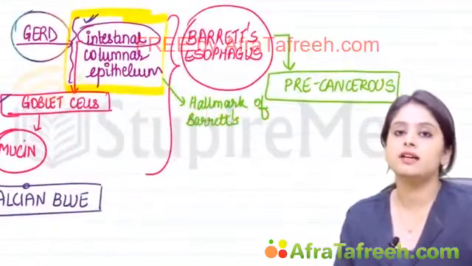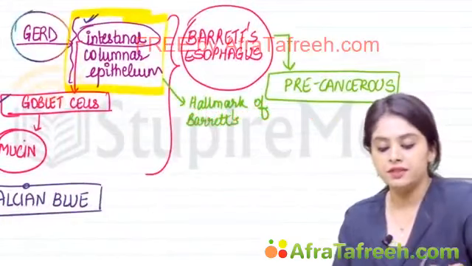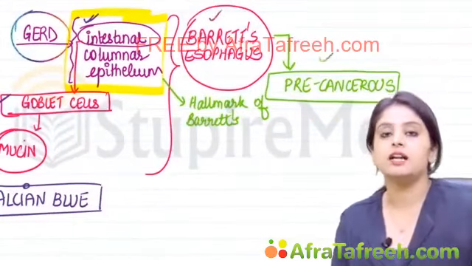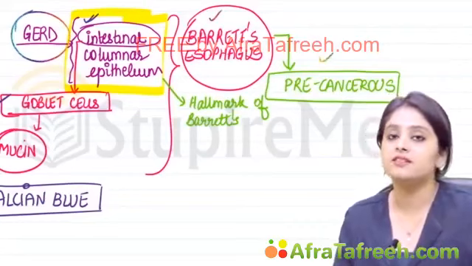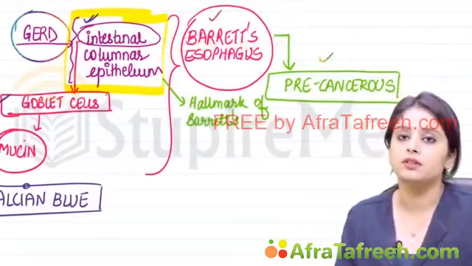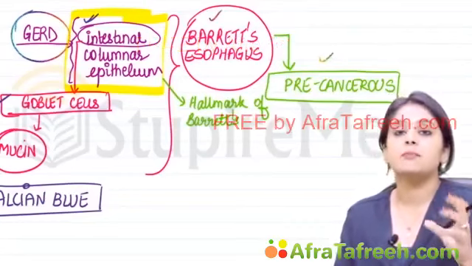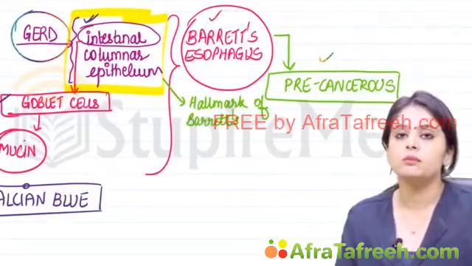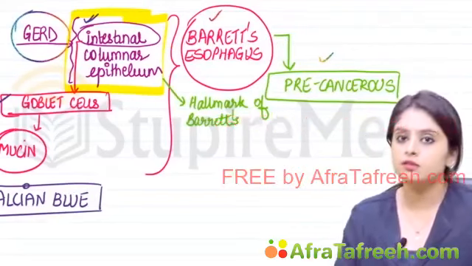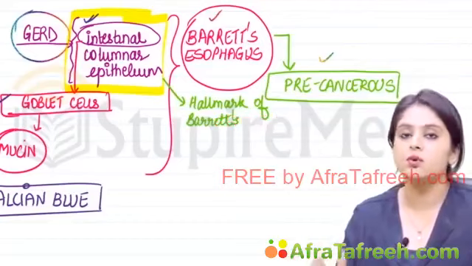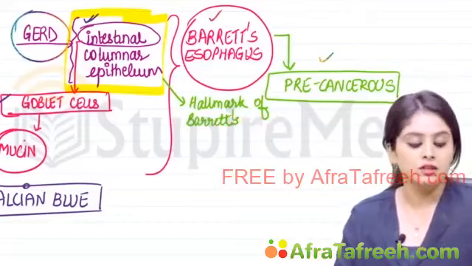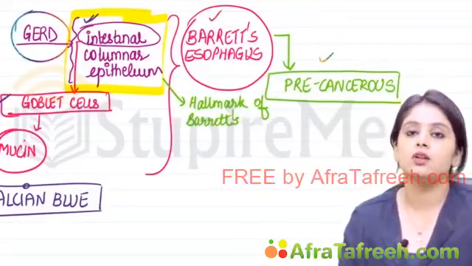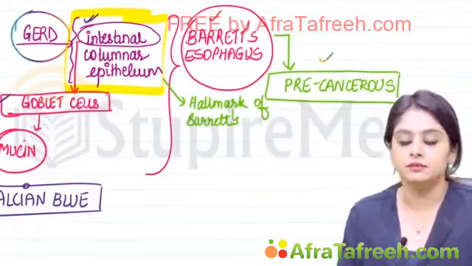If I don't treat this gastroesophageal reflux disease, this patient of Barrett's esophagus will ultimately land up in cancer. That is why it is extremely important. So we were discussing epithelial metaplasia, most common being columnar going into squamous, like in the lung in smokers. The other way around, squamous going into intestinal columnar in Barrett's esophagus.